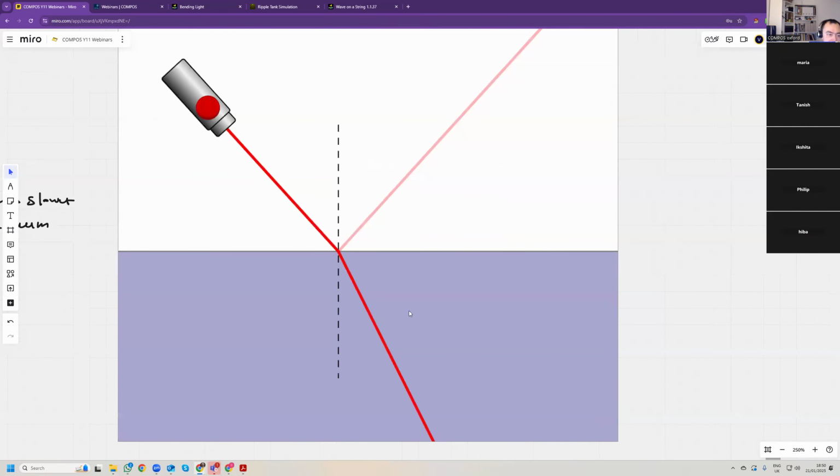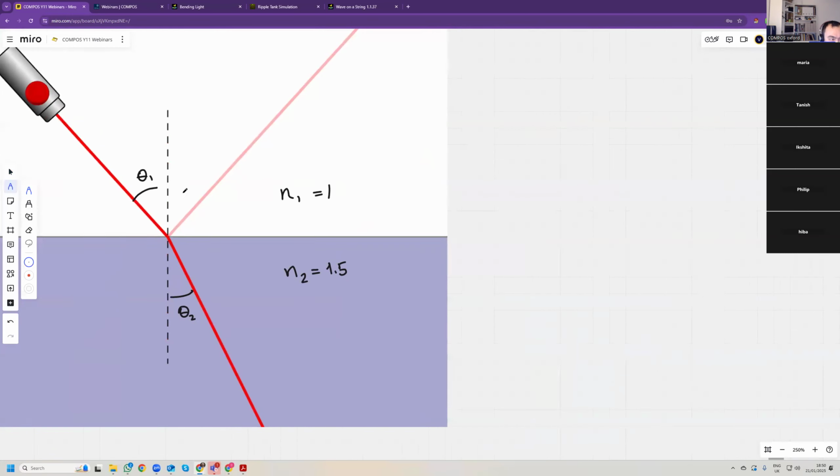if you send light from air to glass, this is θ1, this is θ2. n1 is the refractive index of air, in this particular case 1, and n2 is the refractive index of glass, 1.5. Snell's law of refraction says that n1 sine θ1 must equal n2 sine θ2.